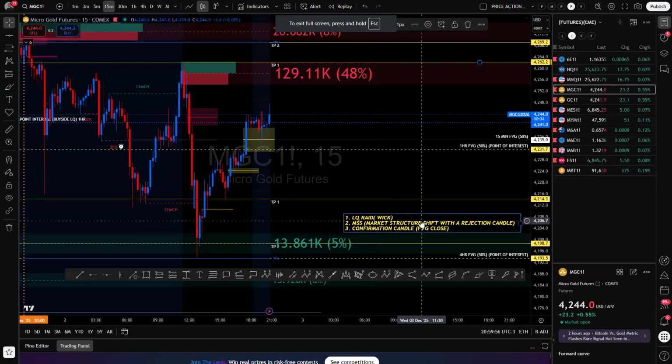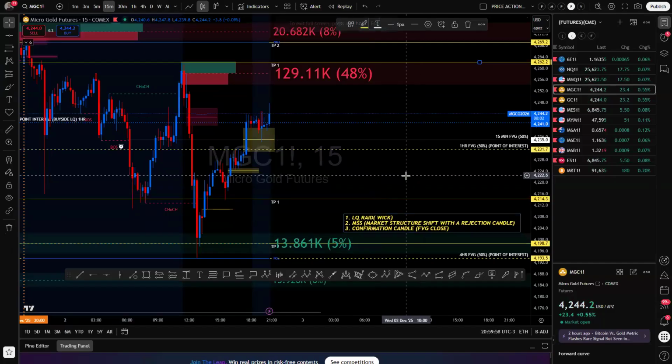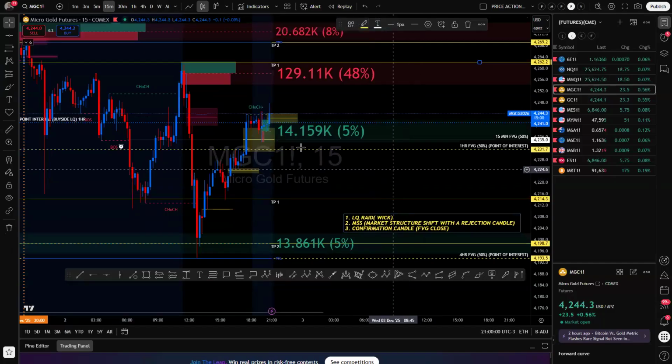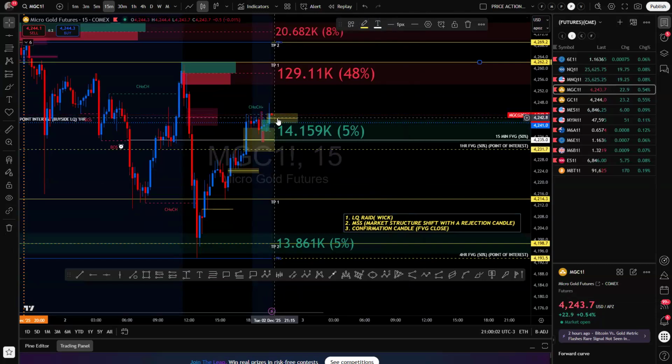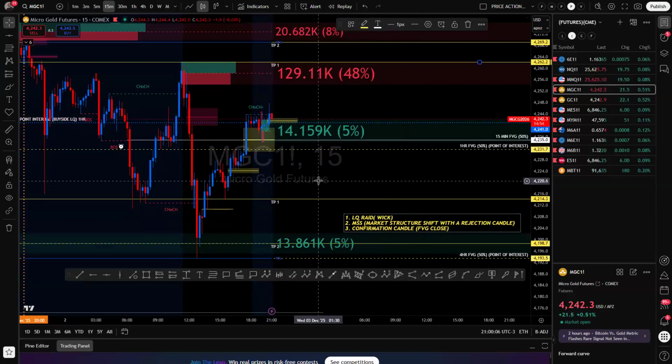Three, two, one. It goes with some volume, so it's probably going to pull back quite a bit. That's also support.